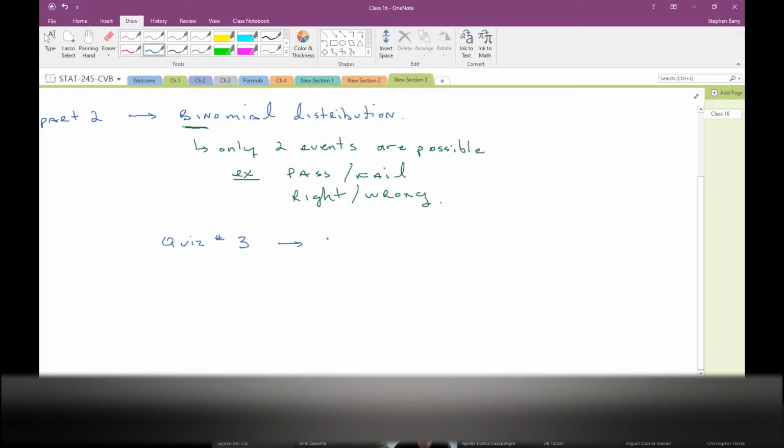And there are 8 questions on the quiz that are multiple choice. There are 4 possible choices, A, B, C, D, and 1 correct answer.